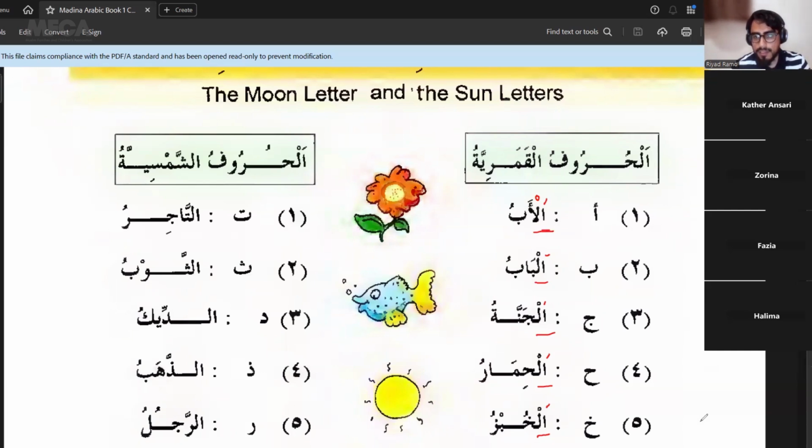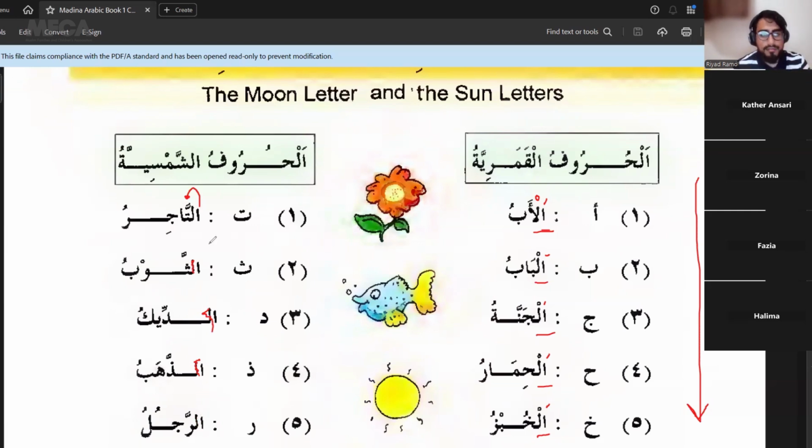It's from all these letters to the end. And al-huruf al-shamsiyya, we're not pronouncing this alif, this lam. We're just jumping straight to the following letter after that. At-tajiru, at-thawbu, ad-diku, ad-dhahabu, ar-rajulu. So all these lam we're not pronouncing.